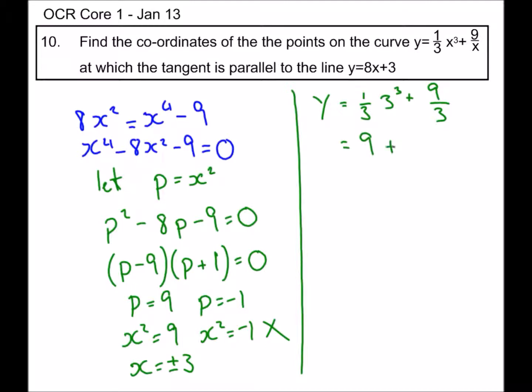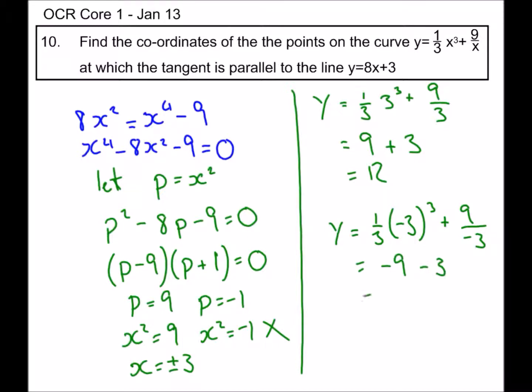So I get 9 plus 3, which is 12. When I substitute in minus 3, I'm going to get y equals a third minus 3 cubed plus 9 over minus 3. And that will give me minus 9 minus 3, or minus 12.